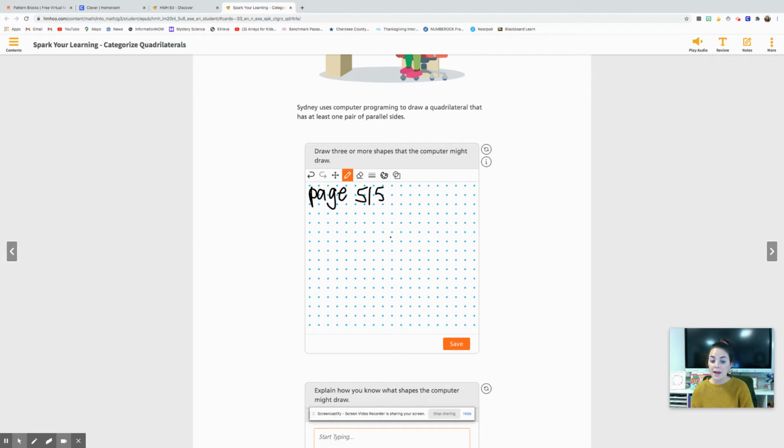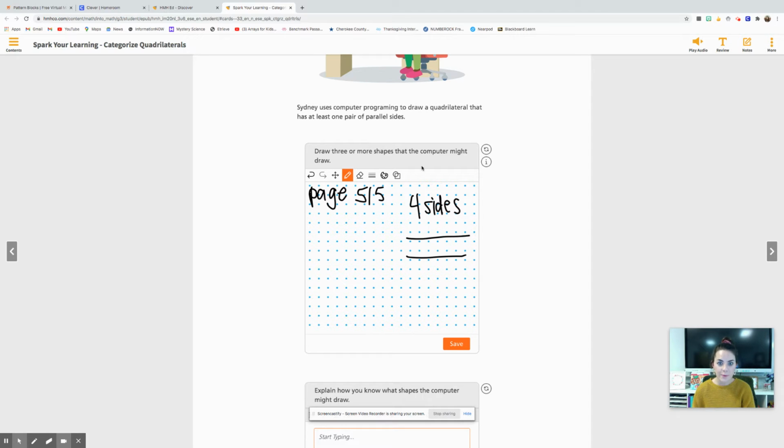Now, go ahead as you're watching this and practice drawing a couple different shapes that are quadrilaterals, which means they have four sides, and that have at least one pair of parallel lines, which means the lines look like a train track, okay? They're opposite of each other, and they keep going in a direction that never will cross. So take your time. You can pause this video while you draw your quadrilaterals.